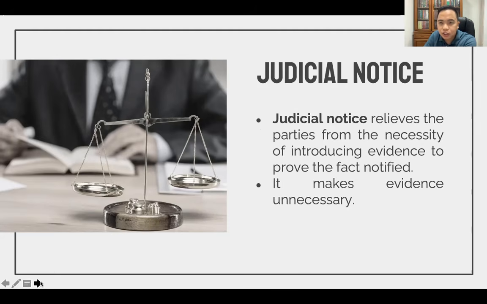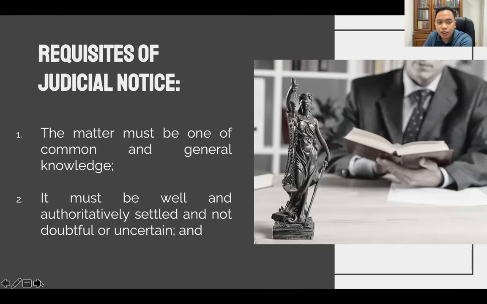Now, judicial notice relieves the parties from the necessity of introducing evidence to prove the fact noticed, and it makes evidence unnecessary. Now, what are the requisites of judicial notice? One, the matter must be one of common and general knowledge.